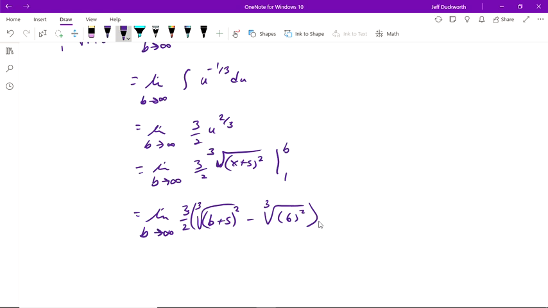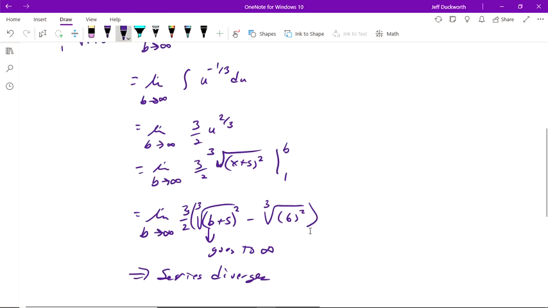Well, cube root of 6 squared is going to be a number. So 36, cube root of 36 is going to be a little bigger than 3. But when we plug in our b as infinity, this still goes to infinity. So because that goes to infinity, this implies that our series diverges.